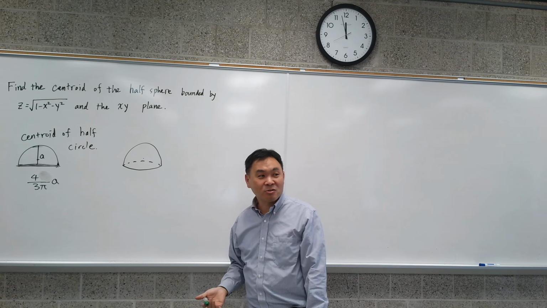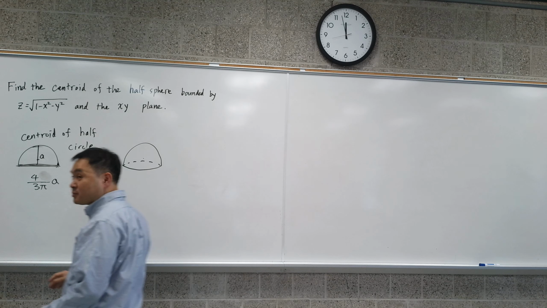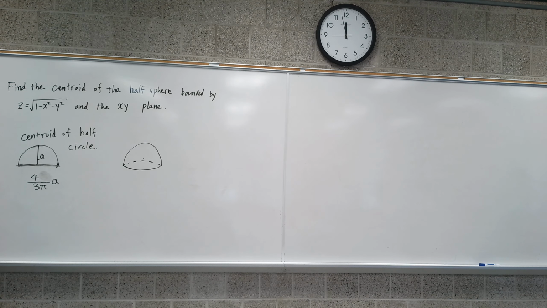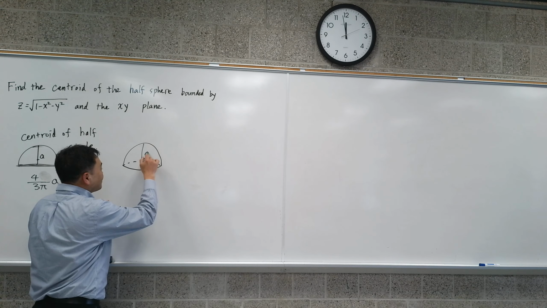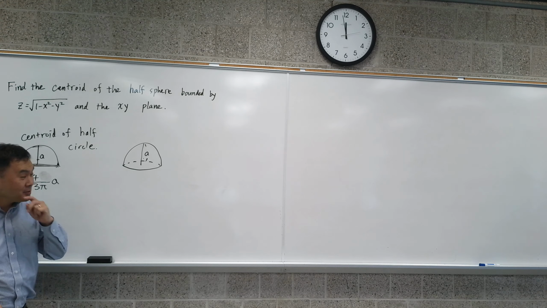Okay? So let's see if this is actually true. Yes? Is it just the integral of 4 over 3 pi a, so it would be like 4 over 6 pi a squared? Well, that's definitely not the answer, and here's the reasoning. See, this is height A, right?